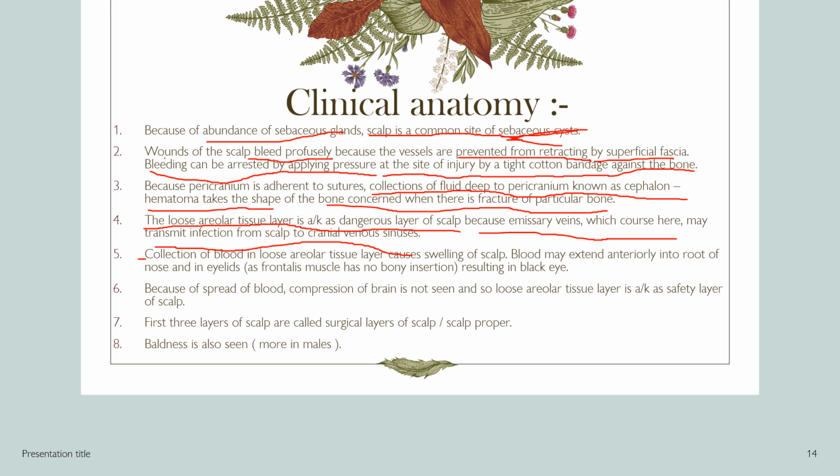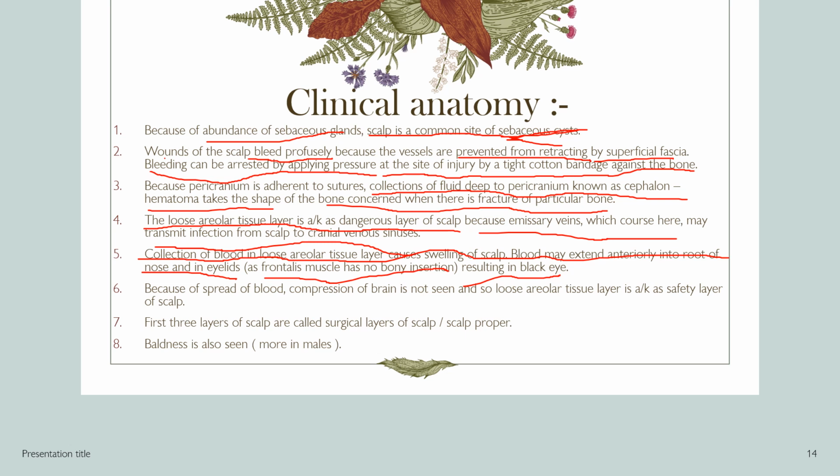Then, collection of blood in the loose areolar tissue layer causes swelling of the scalp, and blood may extend anteriorly into the root of the nose and the eyelids, as the frontalis muscle has no bony insertion. That will result in the black eye, which we can see in movies also, where a villain is hit in his eyes and his eyes become black.